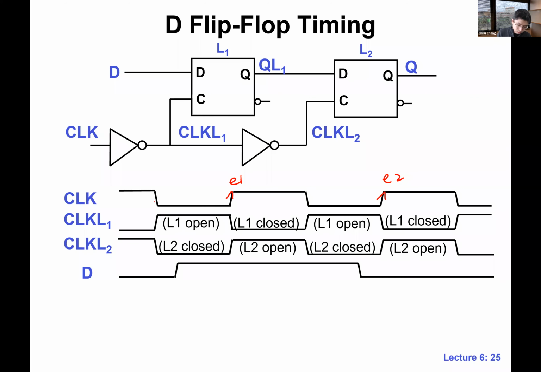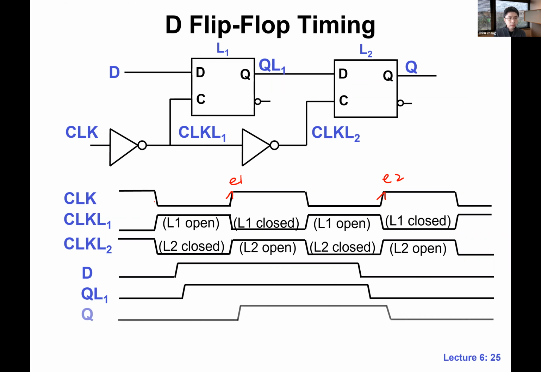Any ideas? E1, at the first rising edge. We can look at the intermediate output from L1, but this is an important thing. So this is Q. See here, there's this transition, and it coincides with E1.